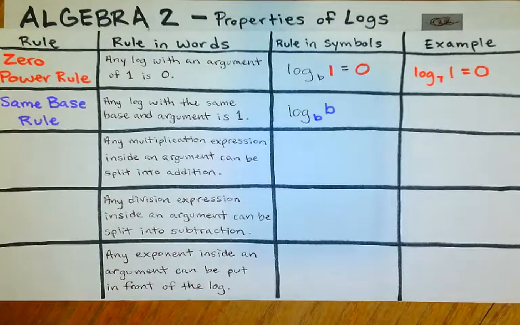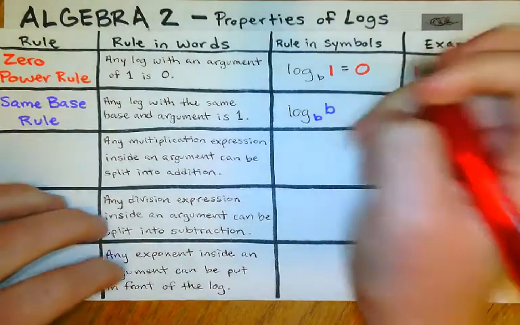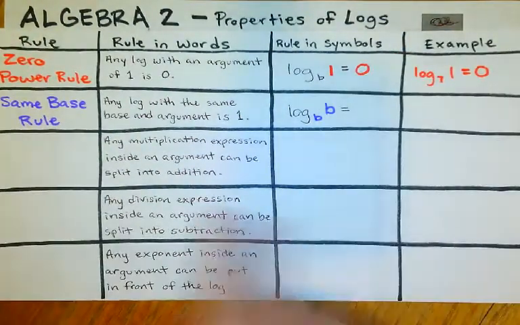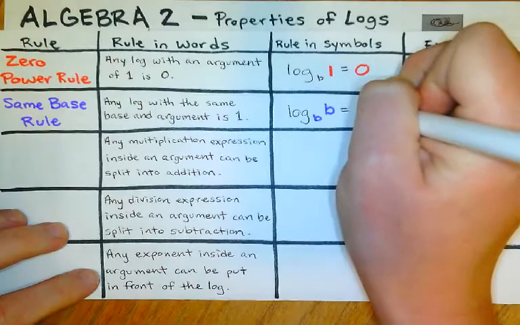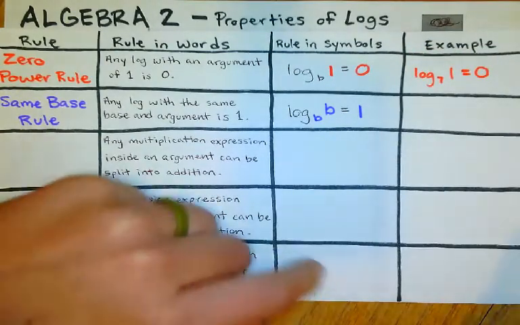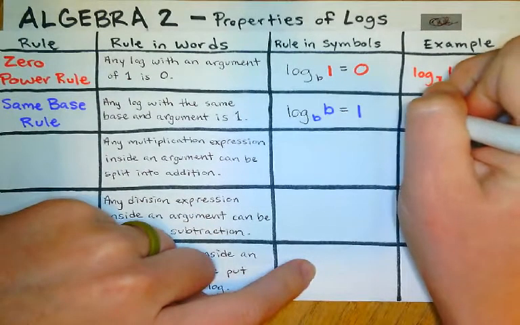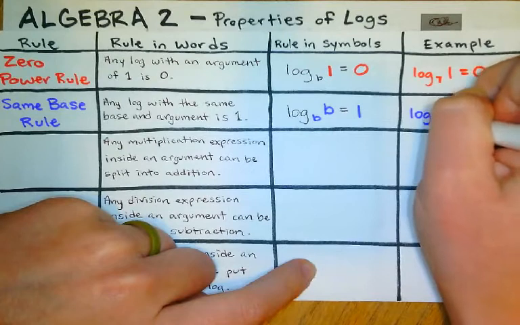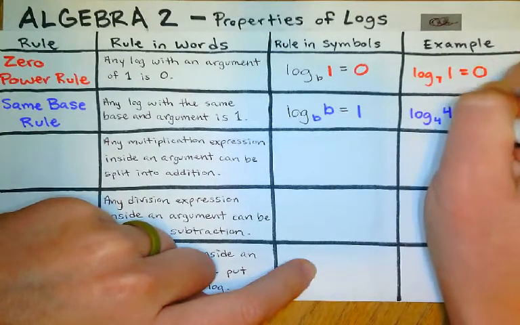If both our base and our argument are the exact same, then our log is always going to be equal to 1. So for an example, if we have log base 4 and we have a 4 right here, that's going to be equal to 1.